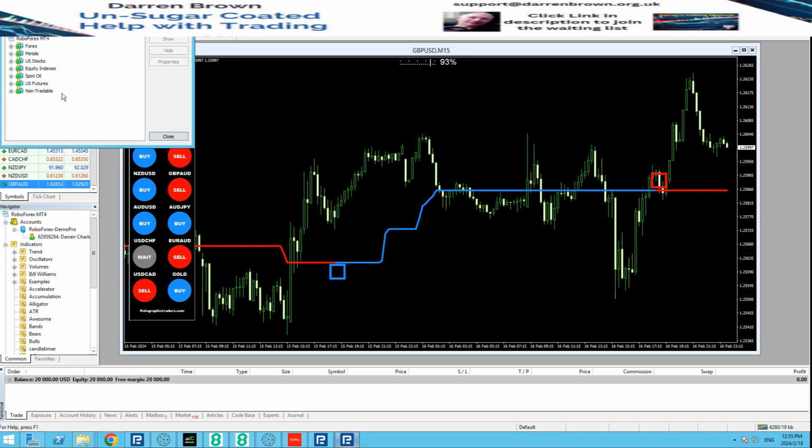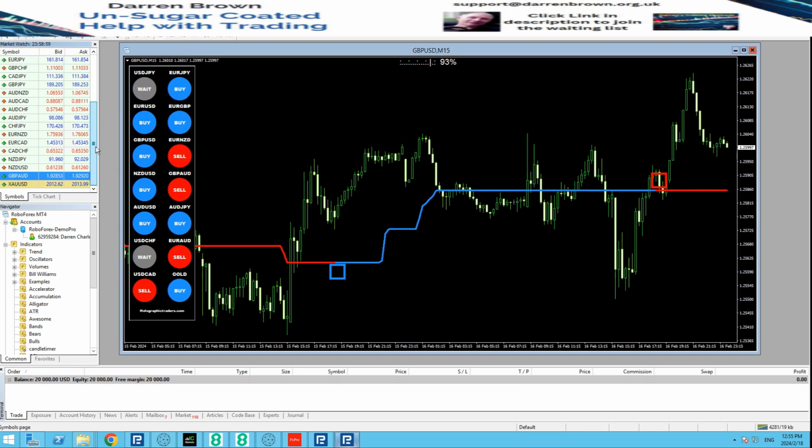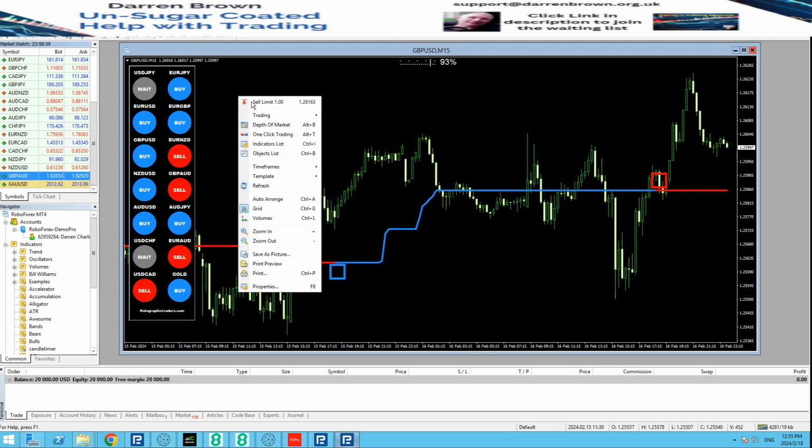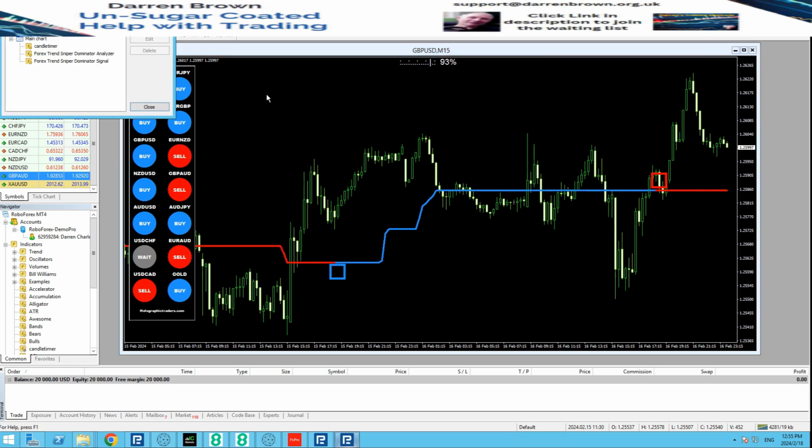So if I click on symbols and then go to metals, you'll find that this is XAU USD, which is gold. Okay, so if I click on here, and you'll see now that's livened up, and now close, you'll find that that has just been added inside here. So where this says gold here, what you need to do is change that to XAU USD, otherwise you won't see it.